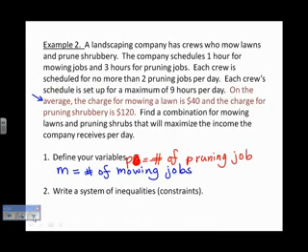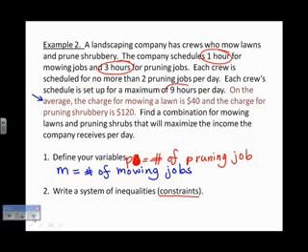Our next step is to write a system of inequalities. These are called your constraints. The constraints are very important because that's what you're going to use to graph and find your feasible region. So on this particular problem, I want to look at what information I am given. Here in this statement, I know it takes 1 hour for mowing jobs and 3 hours for pruning jobs.